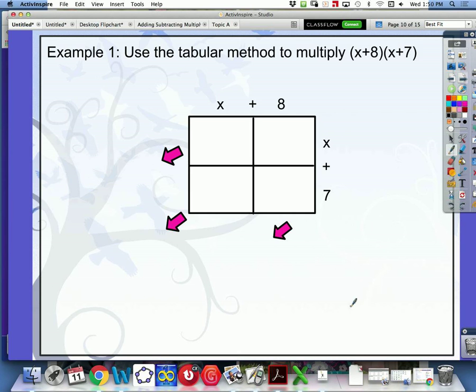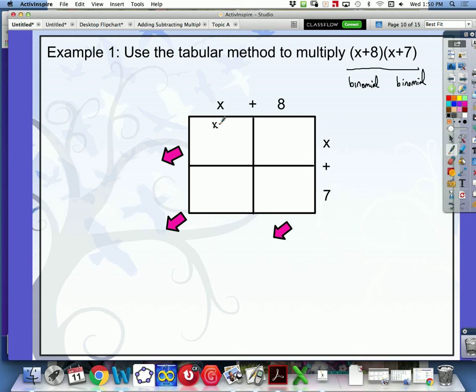So on this example, we are multiplying x plus 8 times x plus 7. In this case, we have a binomial times another binomial. So that means when I make my table, it has 2 columns and 2 rows. And now when I multiply, we just match.